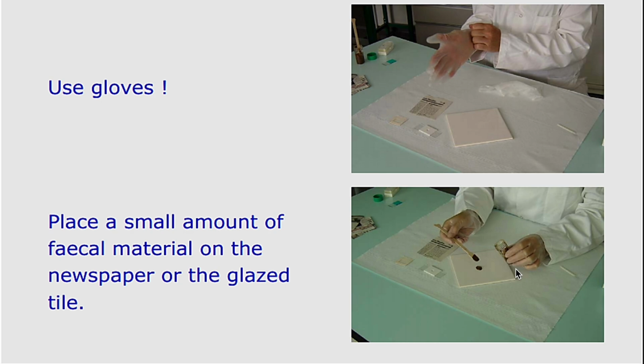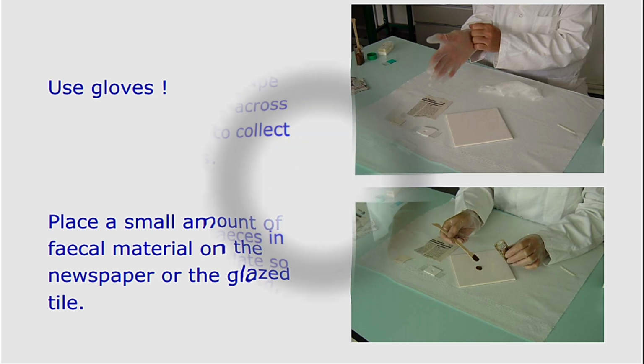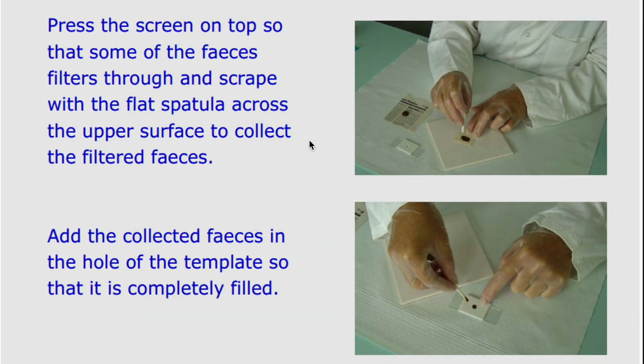Another thing, once you have positioned the feces, press the screen on top of that feces. The screen will serve as a filter to eliminate the debris in the feces.